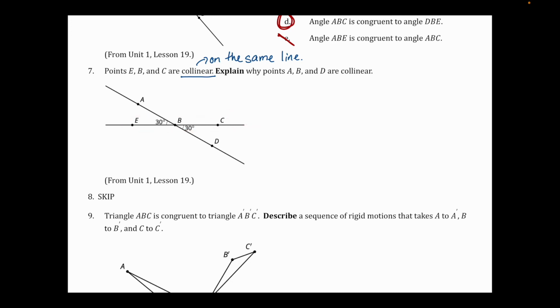We could rotate this whole thing, but if we rotate this line 30 degrees, basically, if we rotate this line 30 degrees, it will land on this line. We're going to rotate it around point B.